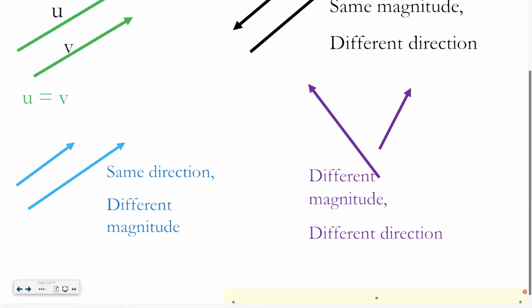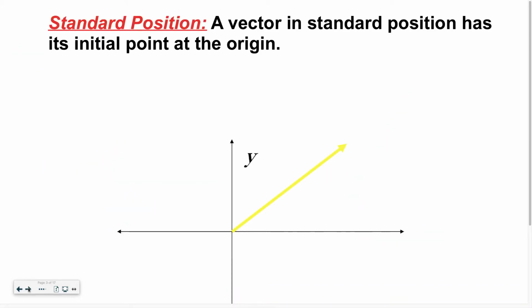Okay? So let's talk about standard position. Okay? Standard position we've talked about with angles, right? It doesn't change with vectors. Standard position means a vector has its initial point on the origin. Okay?